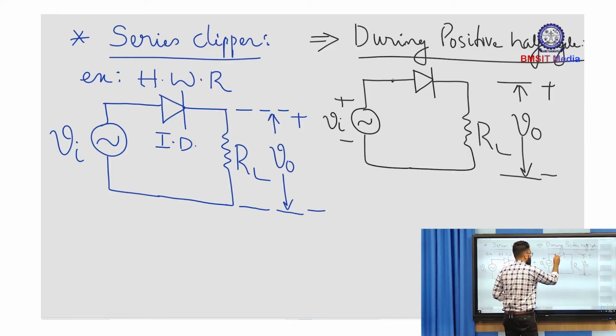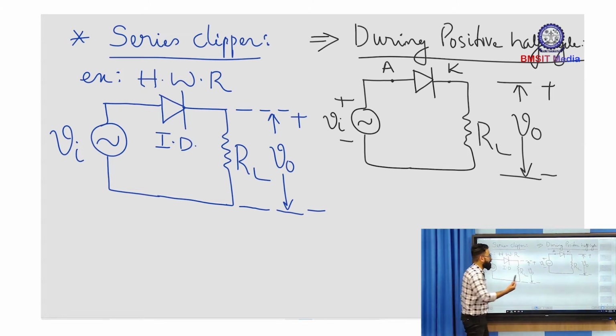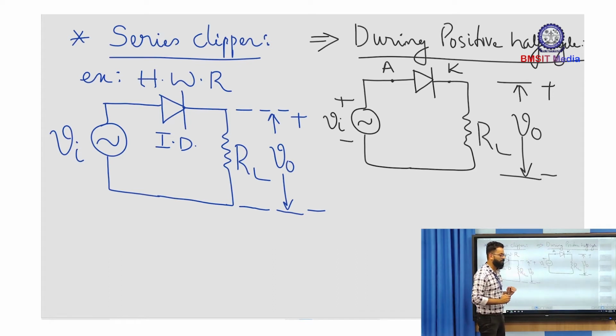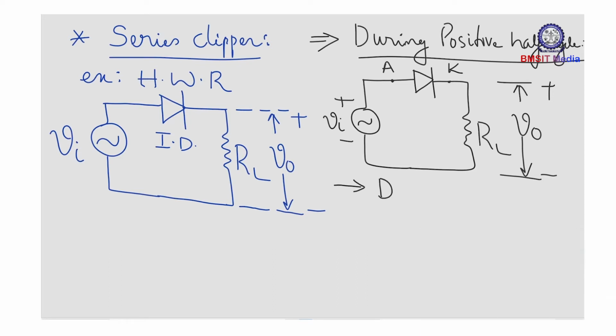Now let us see what happens to diode conduction. As you can clearly observe, during the positive half cycle of the input, the anode terminal of the diode is connected to the positive terminal of the source. Whenever the anode is connected to the positive terminal of the source, we say the diode is in conducting state.